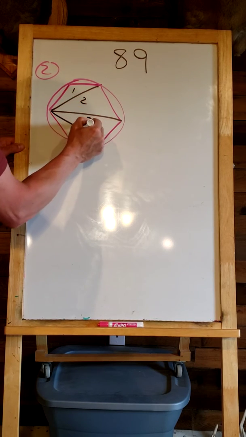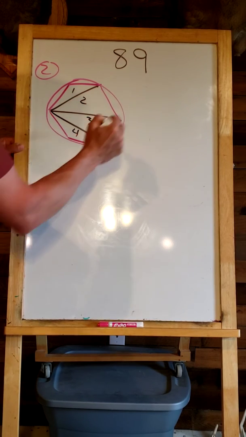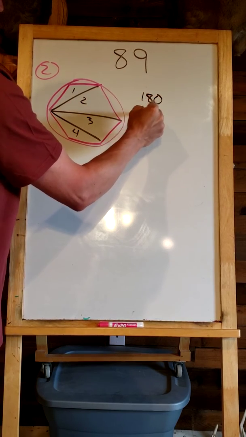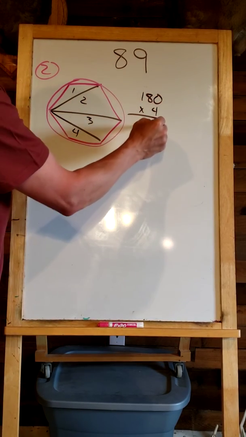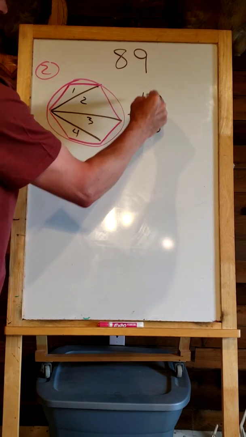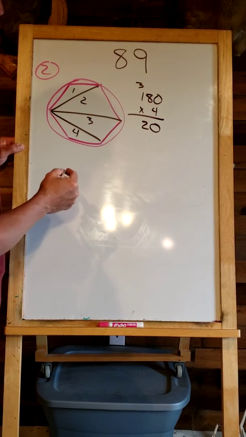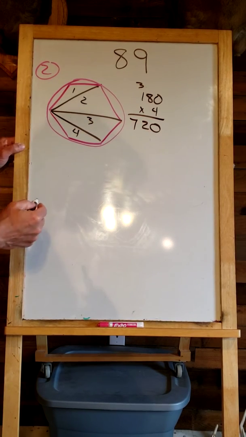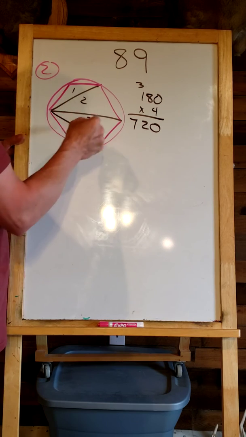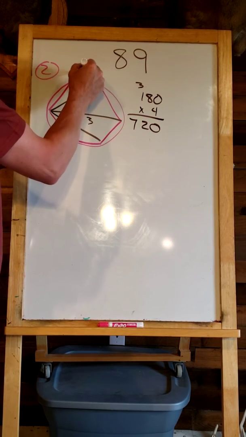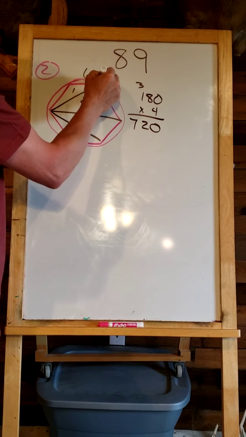One, two, three, 4. So that means 180 degrees in a triangle times 4. So we get 0. 4 times 8, 32. 4 times 1 plus 3, 720. So there's 720 degrees total. Now with a hexagon, there are 6 sides.